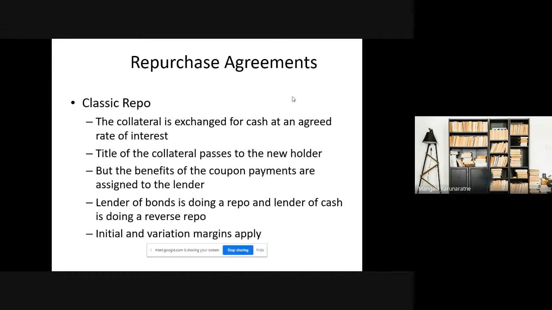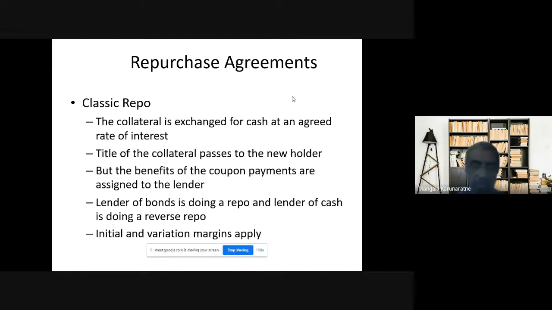Although it has the features of a loan, or the features of borrowing, right? So sometimes we call them repo borrowings. Even in the reports we prepare, we say repo borrowings. But repo is a slightly different instrument, which has some features different from a normal day-to-day loan, lending or borrowing.